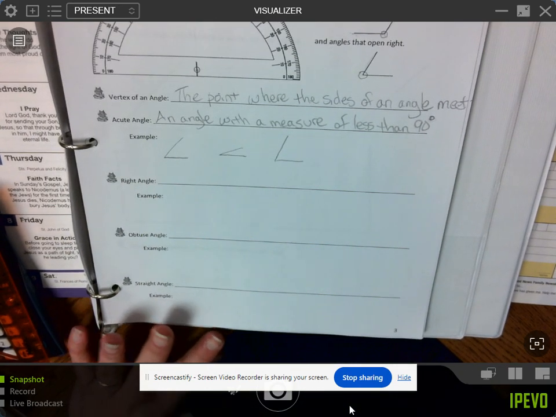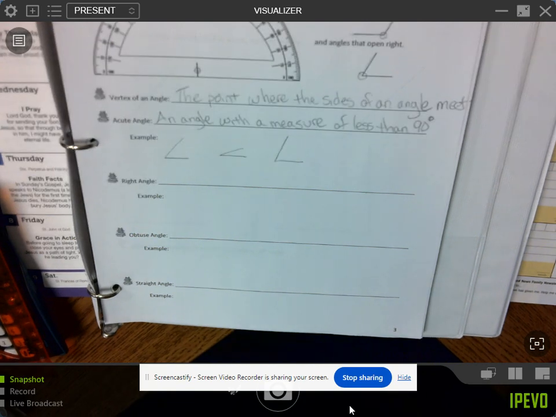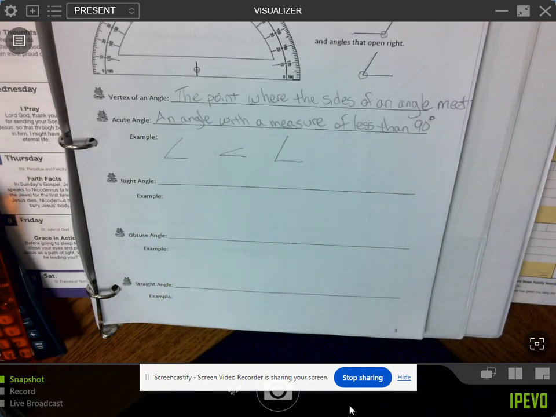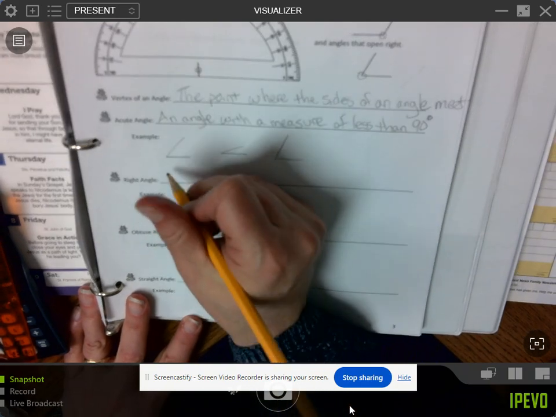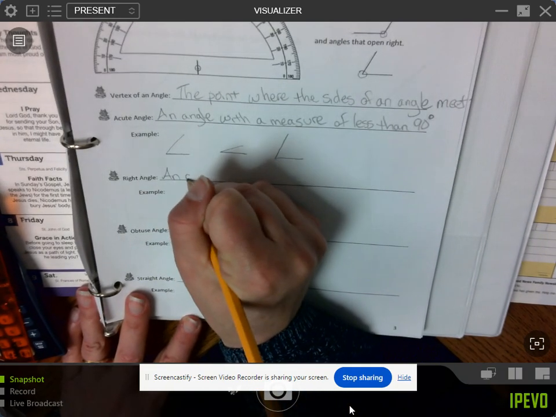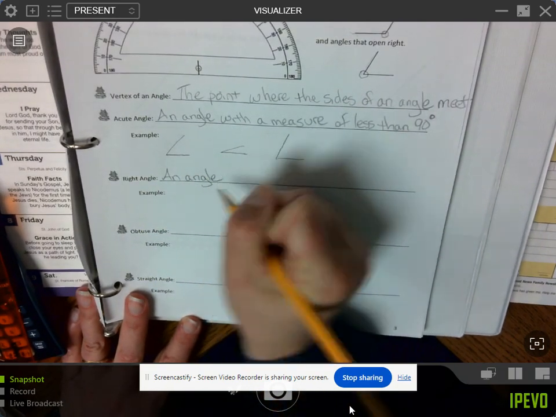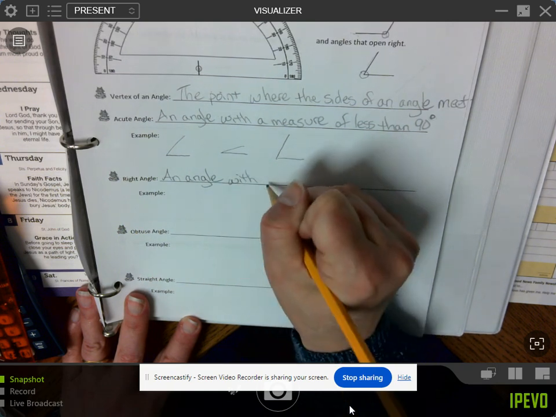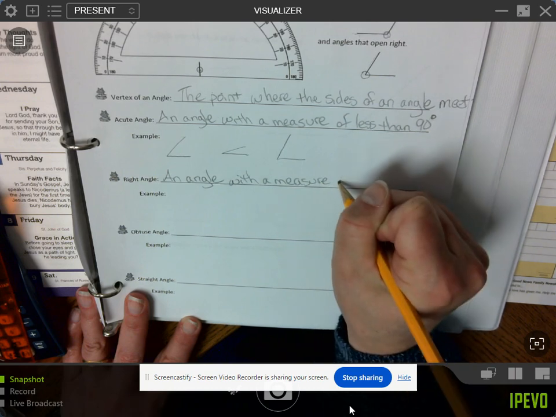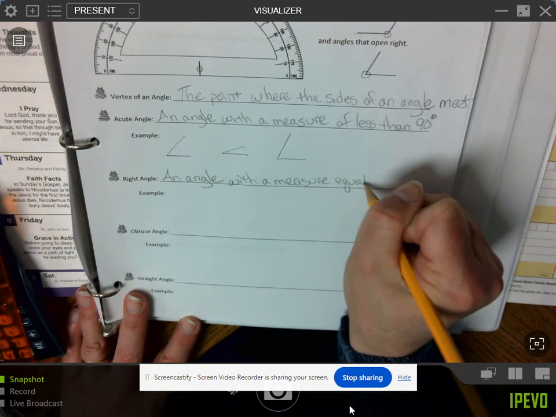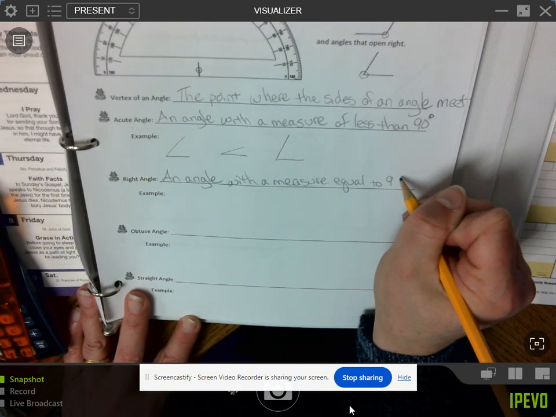Why can it not be 90 degrees? Layla? Connor? That's a right angle. A right angle is an angle with a measure equal to 90 degrees.